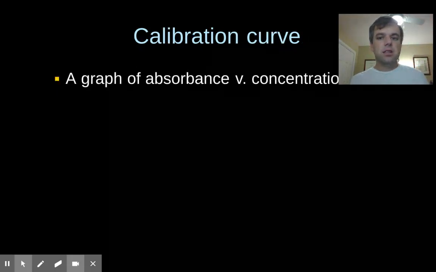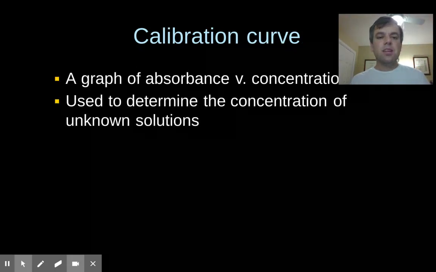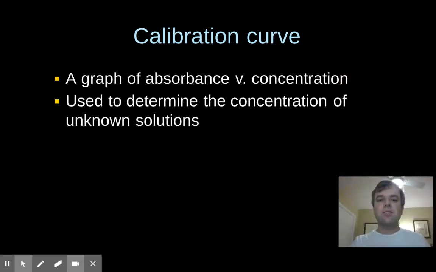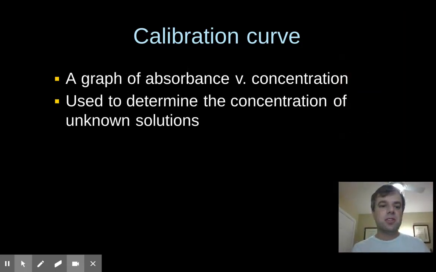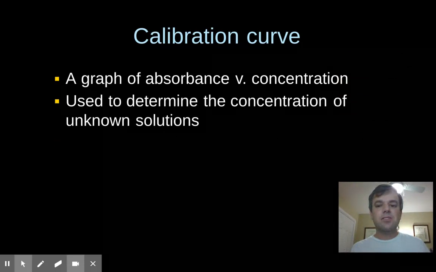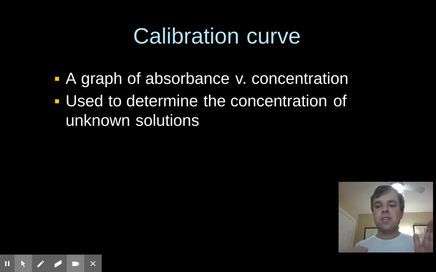And then you can make a calibration curve, which is a graph of absorbance versus concentration, and you use that to find the concentration of unknown solutions. So you make a graph of absorbances at different concentrations, and then if you measure an absorbance of an unknown, you look on the graph and see what it is, or you do a linear regression calculation and do the math that way.